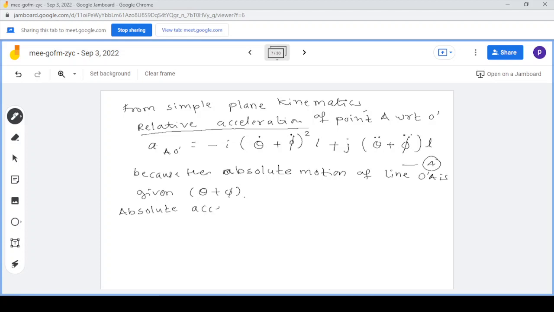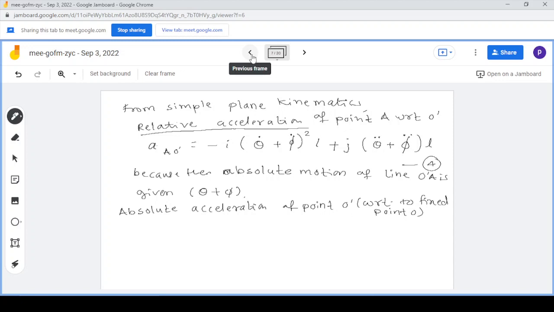So the absolute acceleration of the point O dash with reference to the fixed point O, right? Because we always obtain the absolute acceleration of any point with reference to the fixed point.